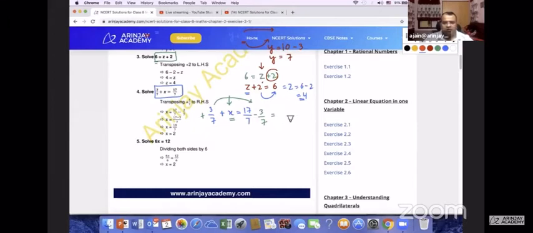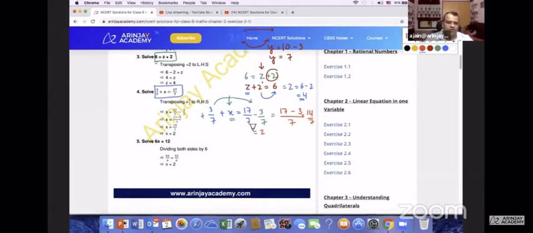Right? If I take the LCM of these two numbers, I get 7. And because both the denominators are 7 in this case, 7 divided by 7 is 1. 1 times 17 will give you 17 minus 3. Or in other words, you will get 14 upon 7. When you divide 14 by 7, you get the answer as 2.